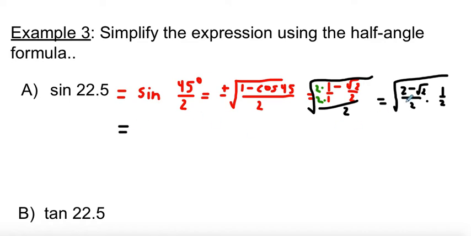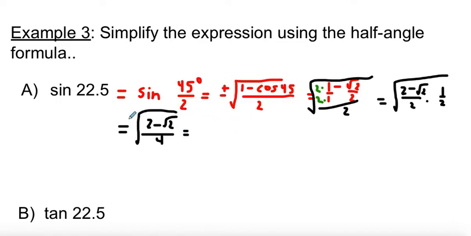So multiply my numerators, multiply my denominators there, I get 2 minus the square root of 2 over 4. And then I got to take the square root of all that.